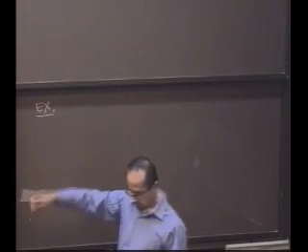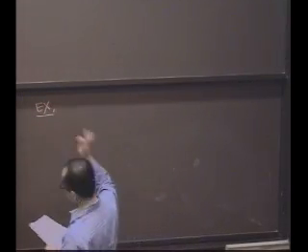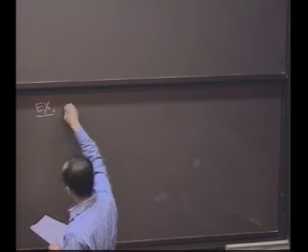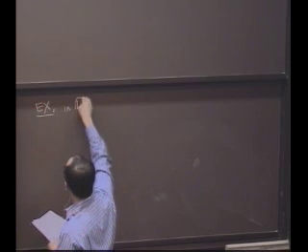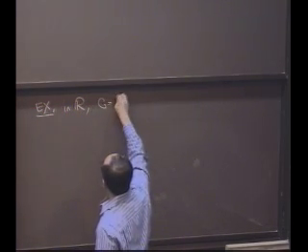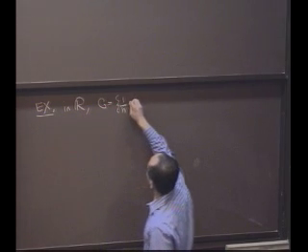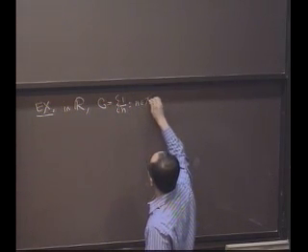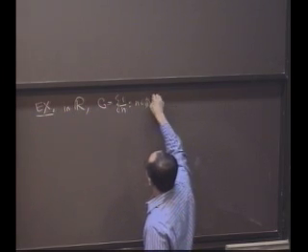In your notes, you could still put it there, but I'm going to put it to the side here because we'll work on this board quite a bit. So here's one example in R. Suppose I have the set G, which is the set of all 1 over n, such that n is in the natural numbers.